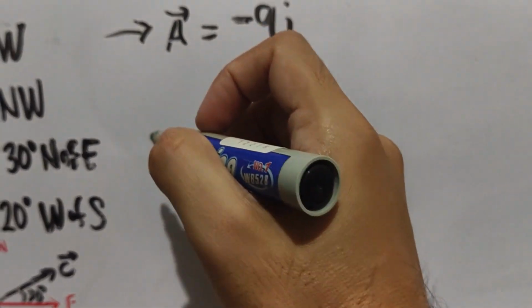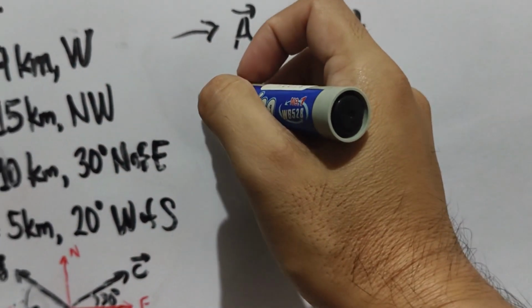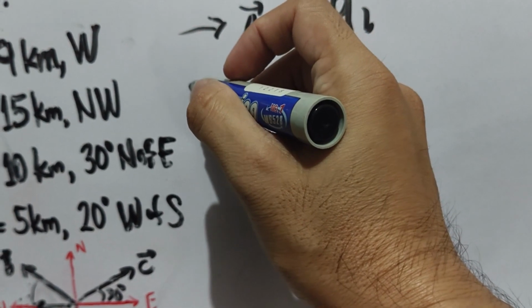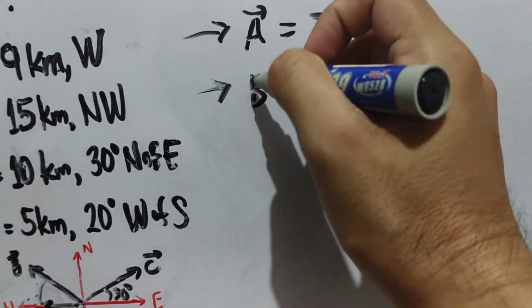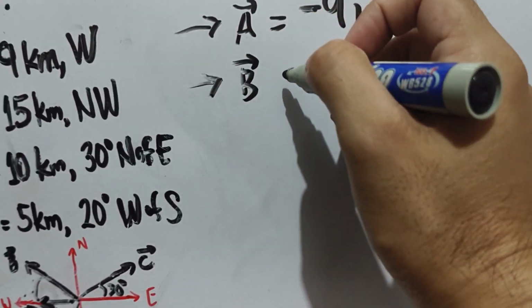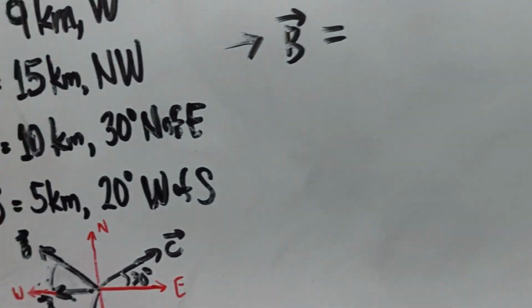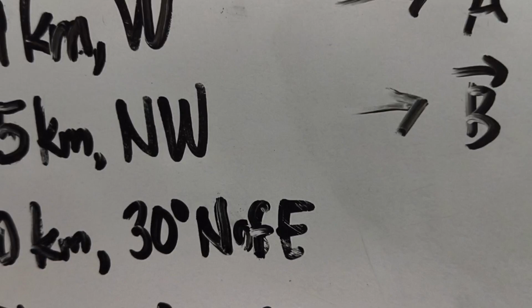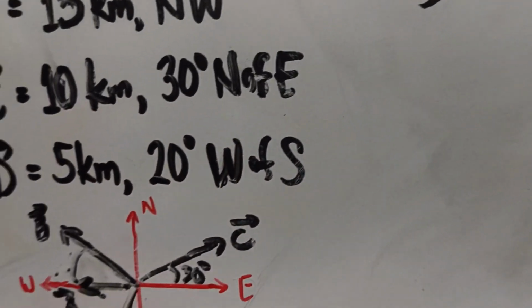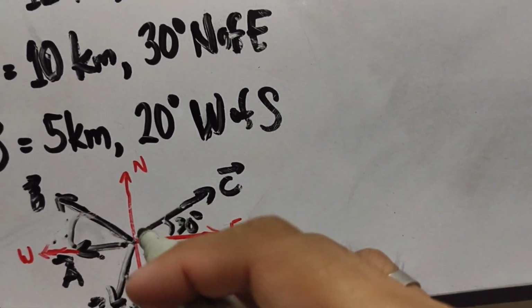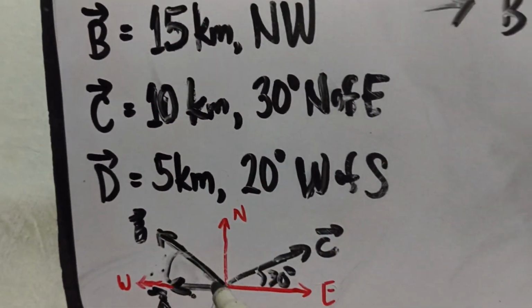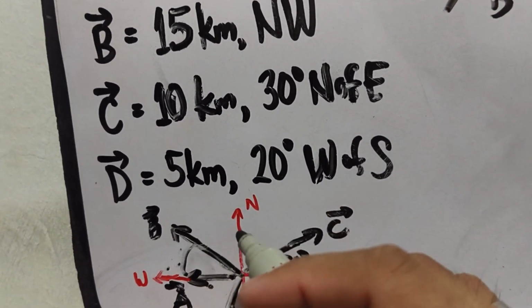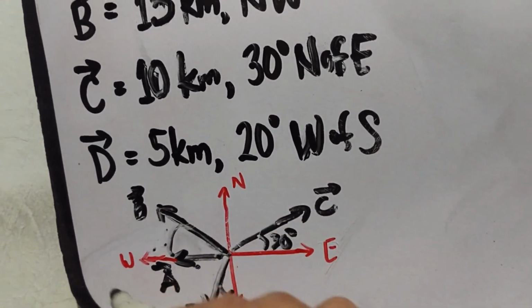Okay, next, for vector B, how do we write vector B? Vector B is located northwest, meaning to say the angle is 45 degrees from the x, or it is found right at the middle of the two main directions, north and west.